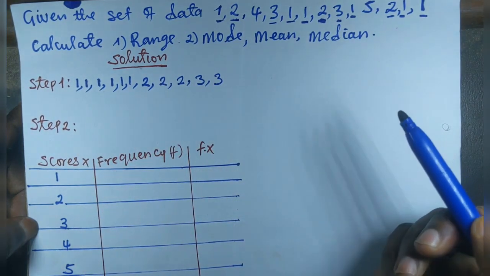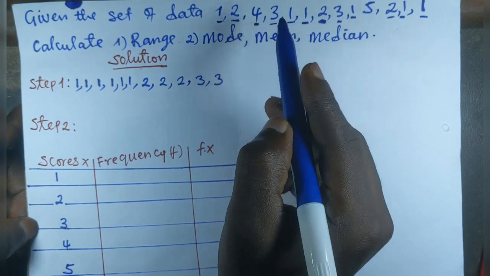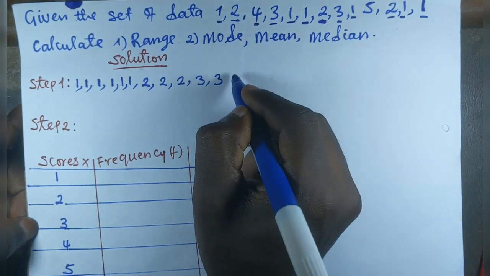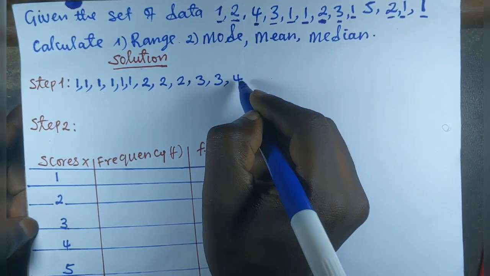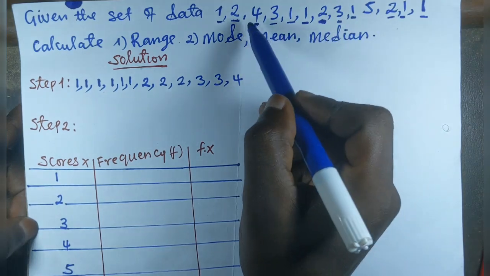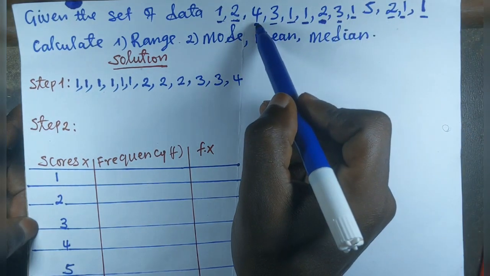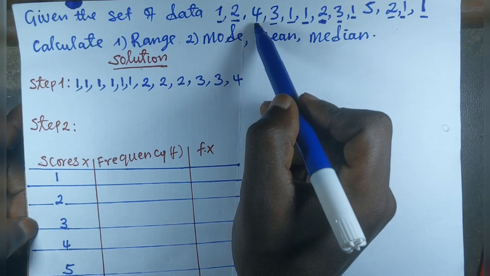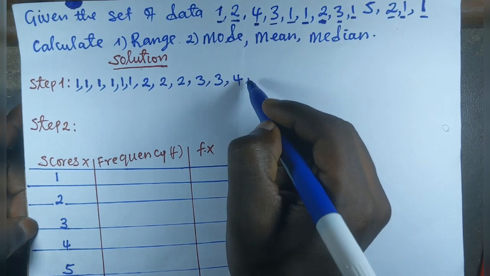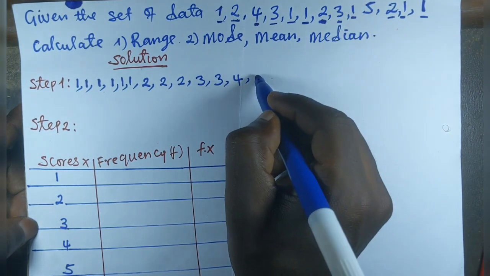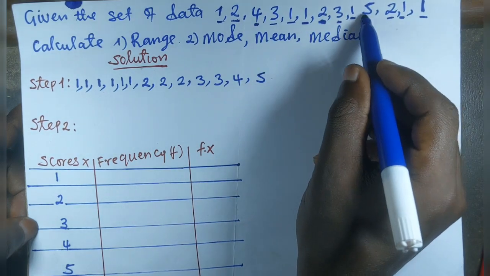Then we look for a higher value, we have 4, and 4 appears only once. Then 5, which occurs only once.